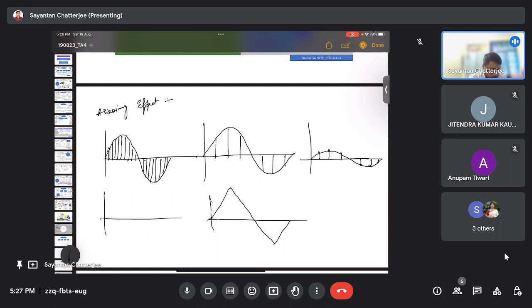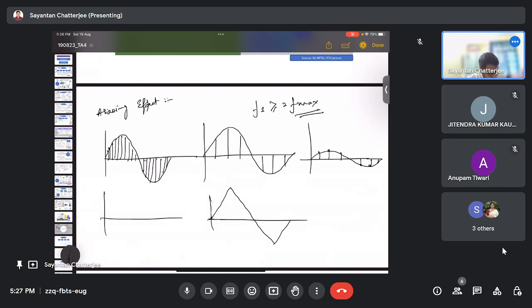So these are the issues, and hence anti-aliasing filters do aid in such a scenario. For that, the Nyquist rate needs to be followed. Hence the frequency of sampling should be greater than twice the maximum frequency.